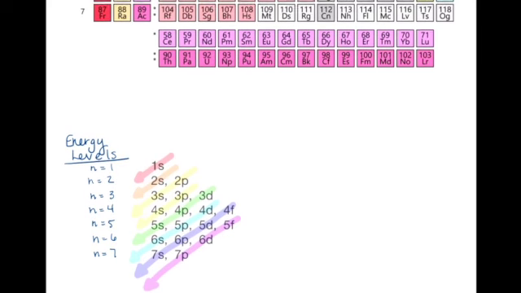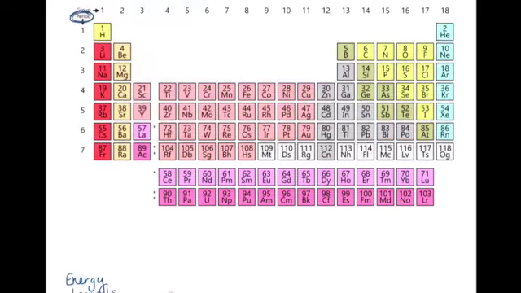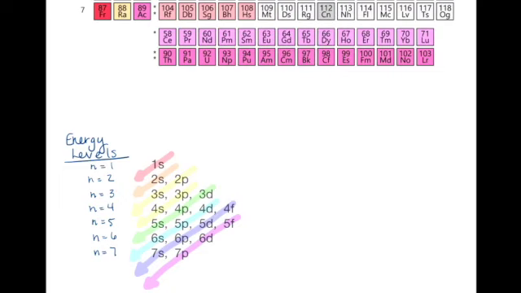But first we can draw out this pattern that shows us how the energy levels are done. For energy level 1, so n = 1, this would be the first period, and it only has an s orbital. Period 2 has s and p, so we have energy level 2, and then s, and then the p orbital.